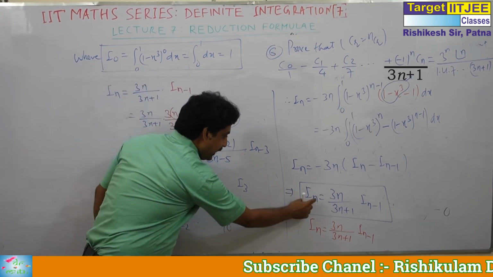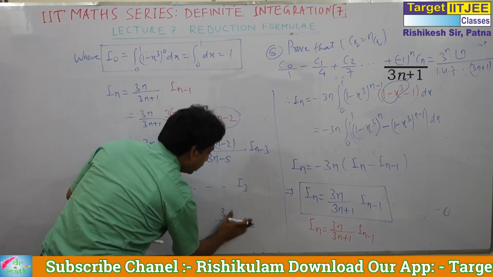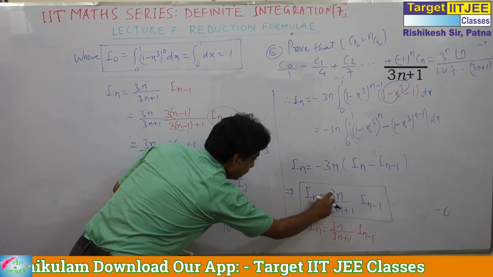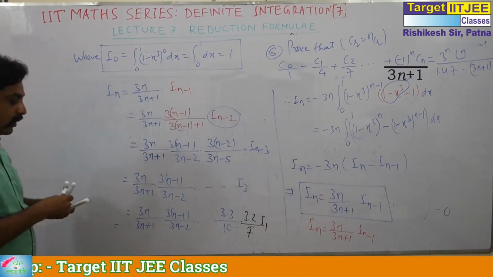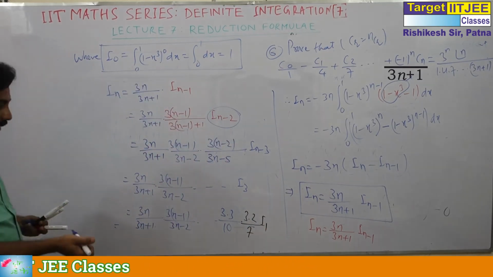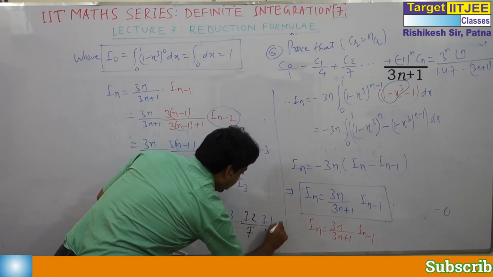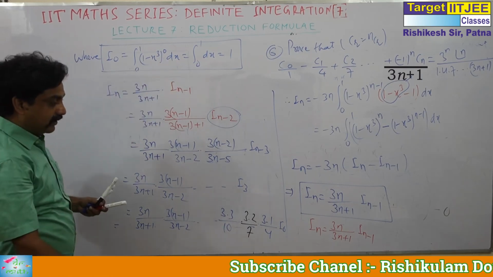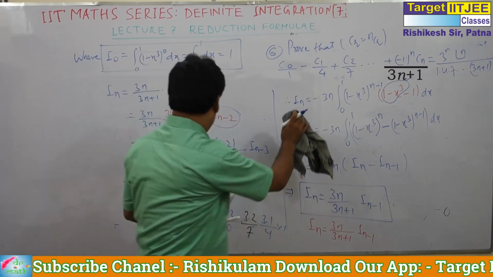Now what is I2? On this formula, I2 is 3 into 2 by 7 times I1. What is I1? I1 is 3 into 1 by 4 times I0. And what is I0? I have calculated here: I0 is 1. So what do we get finally?